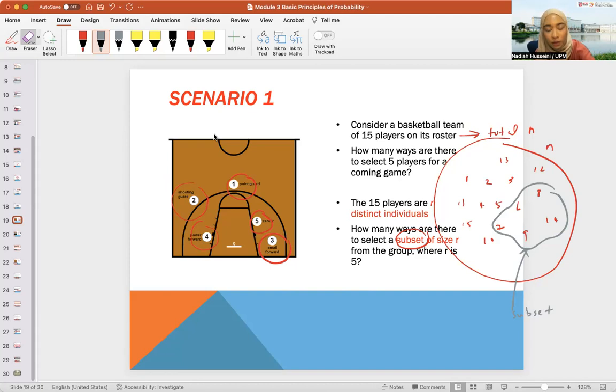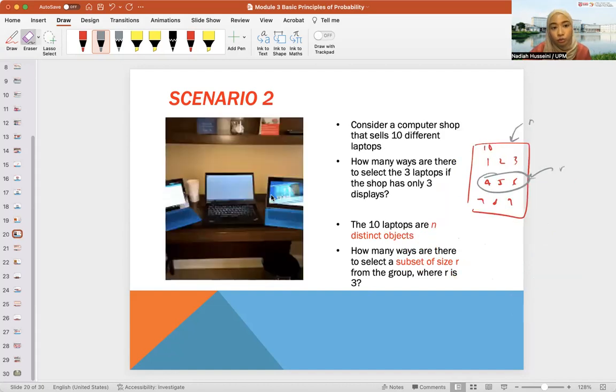Versus scenario 1, if I'm selecting 5 out of the 15 players, from the 5, I have to care who becomes number 1, who becomes number 2, who becomes number 3, etc. So the difference is that scenario 1 has order, the order meaning the position or the roles, versus scenario 2, you just care about selecting the subset. You don't care about the order of selecting the subset. Okay, so approaching these 2 scenarios is different.